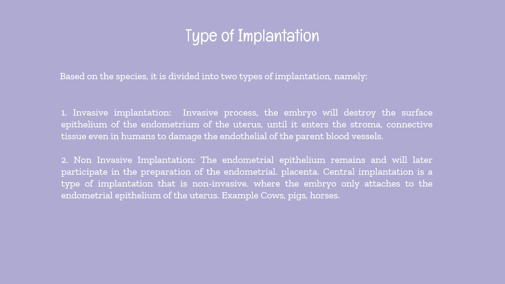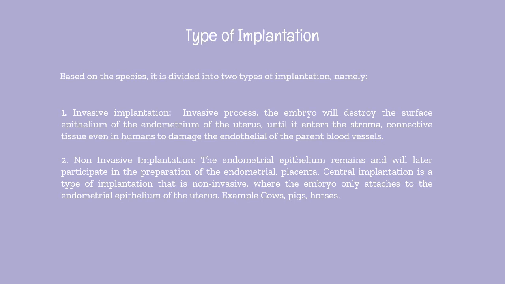In the invasive process, the embryo will destroy the surface epithelium of the endometrium of the uterus until it enters the stroma, the connective tissue, and even, in humans, damages the endothelium of the parent's blood vessels.